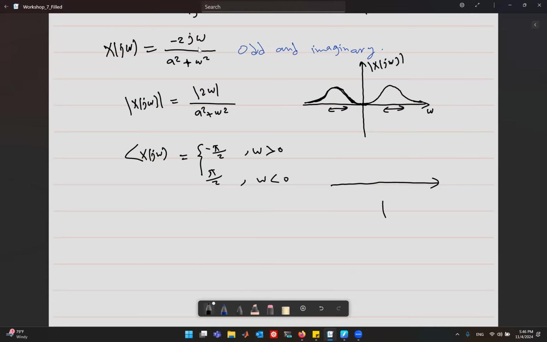If we plot that, we get this here, this pi over 2, this negative pi over 2. This is the phase of X(j omega), and we're plotting versus omega.